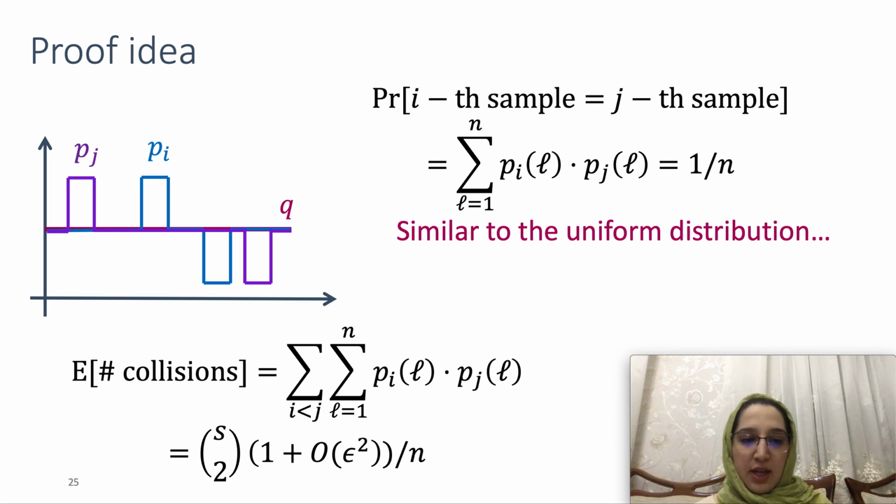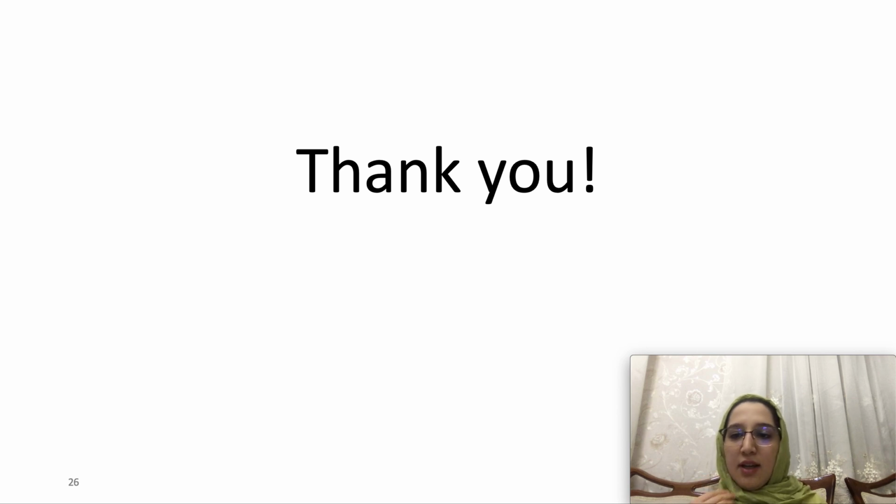So if we have square root of n divided by epsilon squared samples, we will start seeing higher rates of collisions. And at the end, we will also analyze the variance of the number of collisions in this case, even though the underlying distribution is not the same, and show that we can actually distinguish the two cases. Thank you.